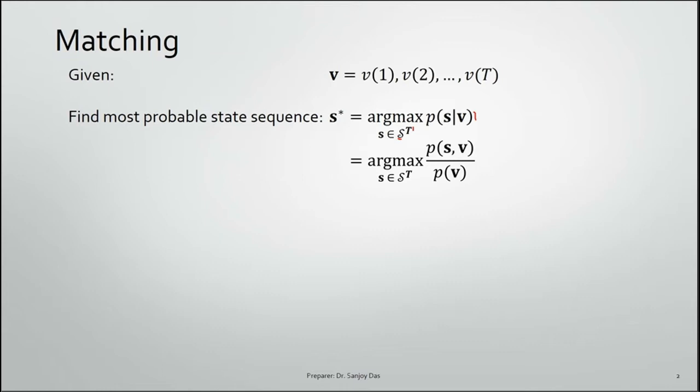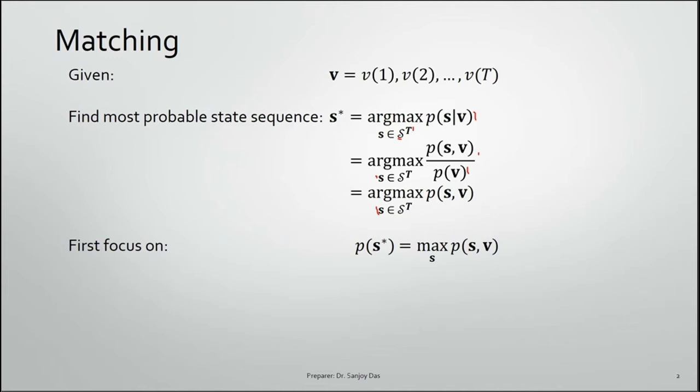And from the laws of probability, that is the same as P(S comma V) divided by P(V). Conditional probability is joint probability divided by unconditional probability, which is equal to argmax of P(S comma V). Why? Because P of V is independent of the S that we are doing the argmax over.